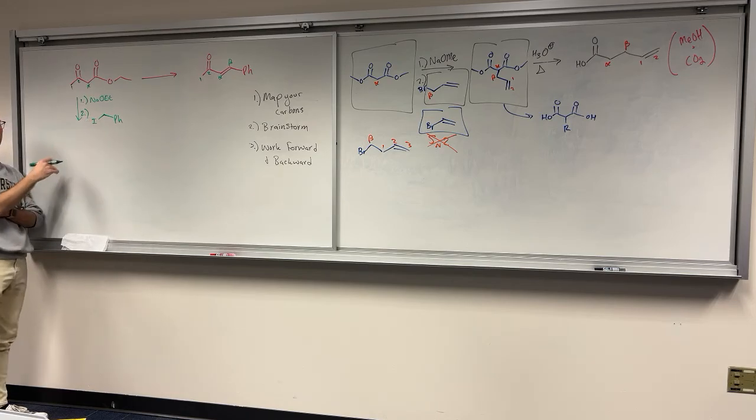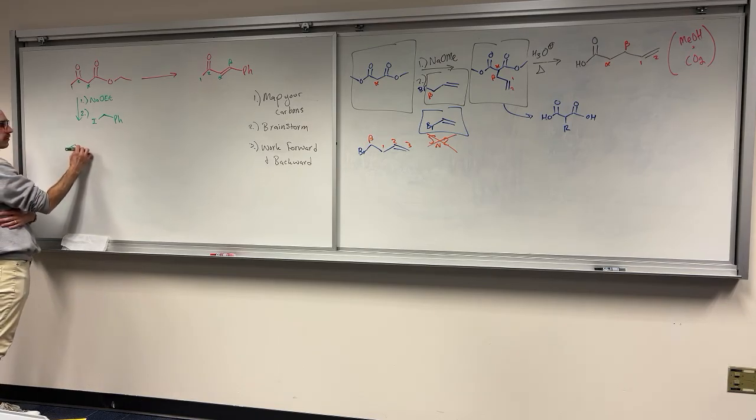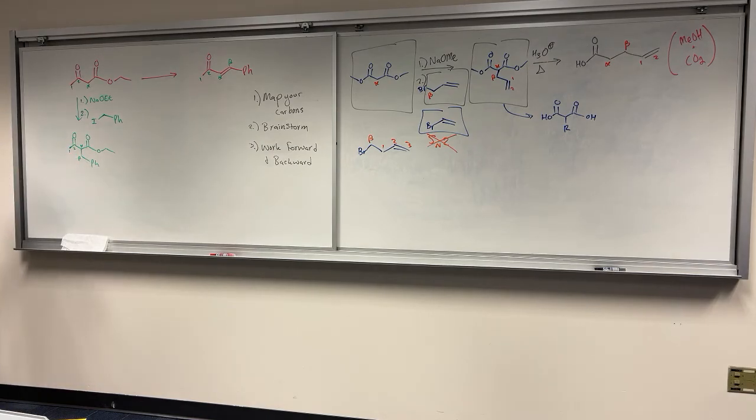So chlorine, iodine, bromine, tosylate, OTs, all of those are good answers. Those are the only carbons that I want to add during this process. I just wanted to add that alpha-beta position, and beta is connected to this.